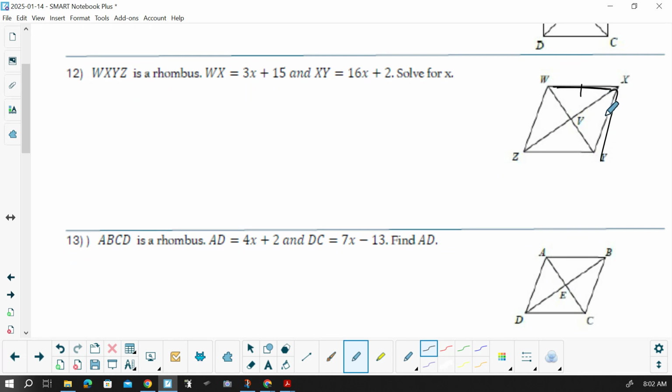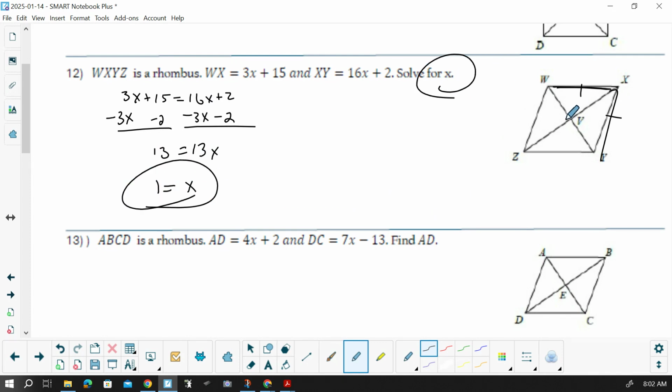Those are two sides. The sides of a rhombus are equal, so they're going to be equal to each other. Subtract 3x from both sides. Subtract 2 from both sides. 15, 14, 13 equals 16 minus 13x. X equals 1. And that's all we had to find for that one.